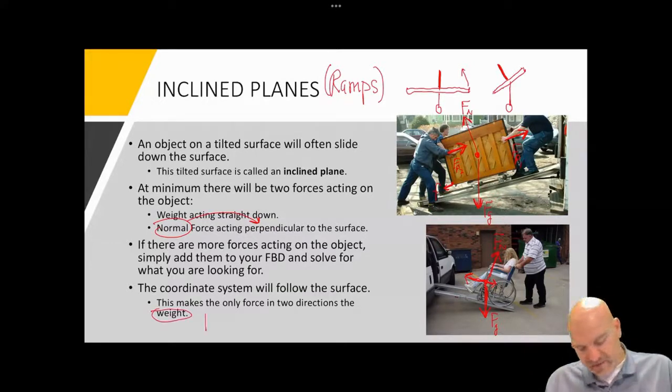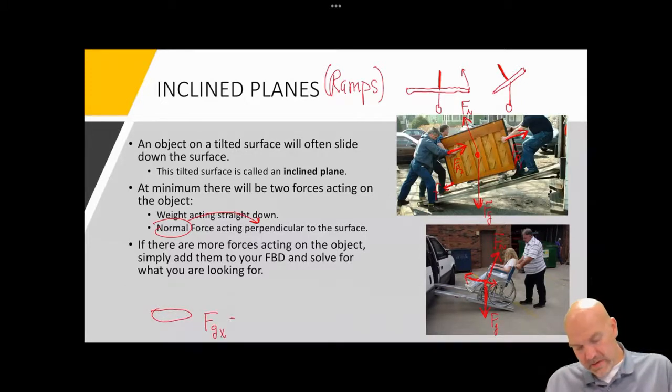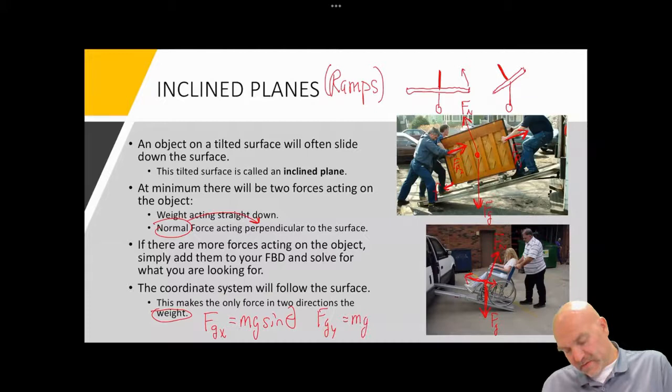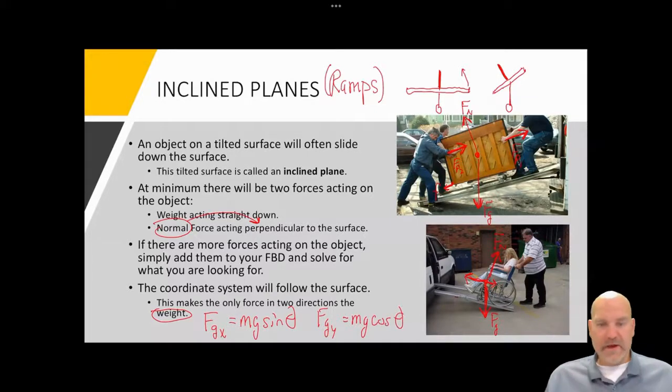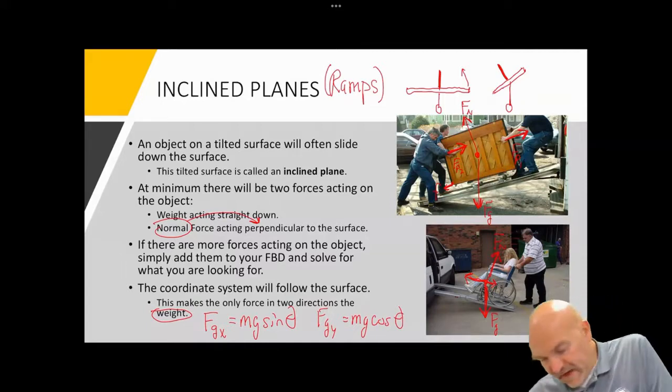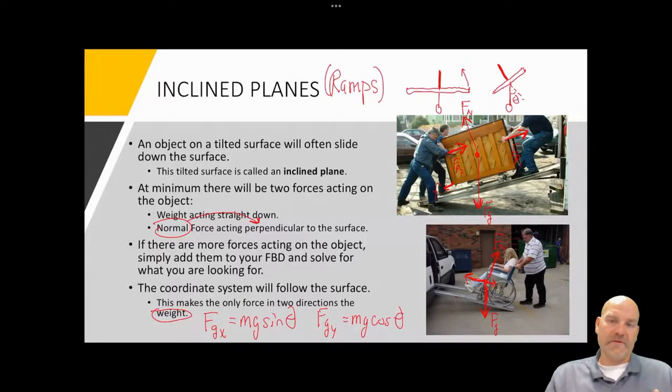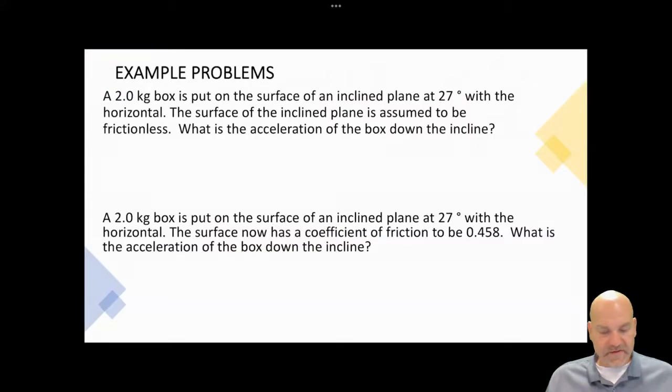So we have to break up our weight into components. But the sine and cosine flip-flop because the angle that we know is actually the vertical angle, not the horizontal angle.